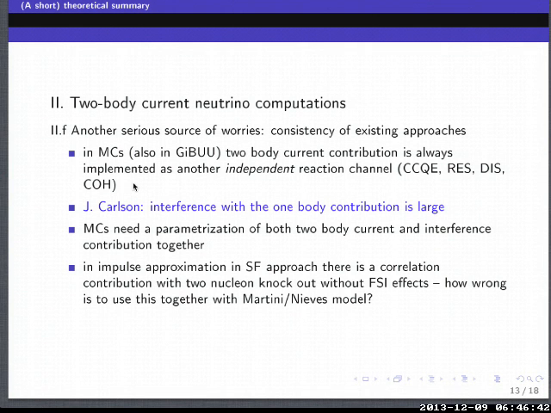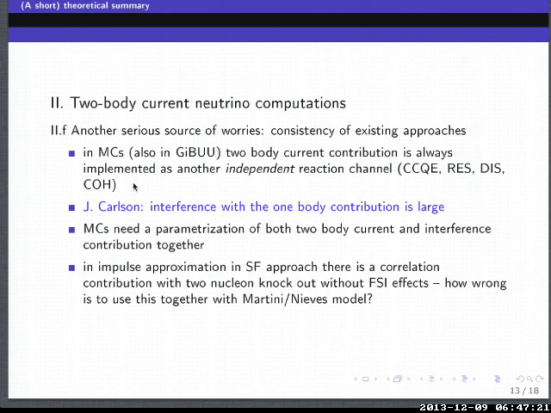On the other hand, in the impulse approximation, the approach is to use the spectral function, and in the spectral function there is some explicit small correlation contribution. There are some events in which two nucleons are knocked out, because if interaction occurs on a correlated nucleon, there is another nucleon, a spectator, which should also be knocked out.